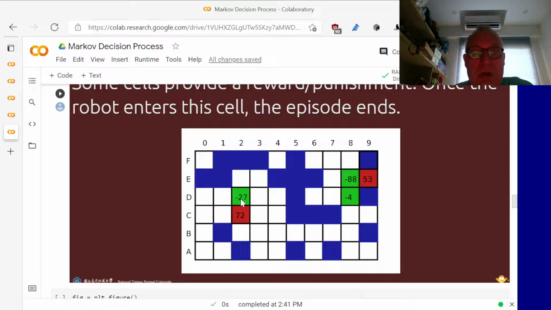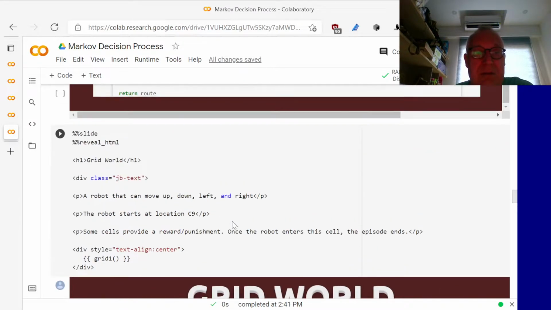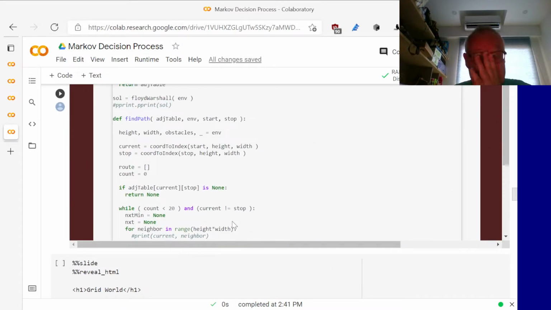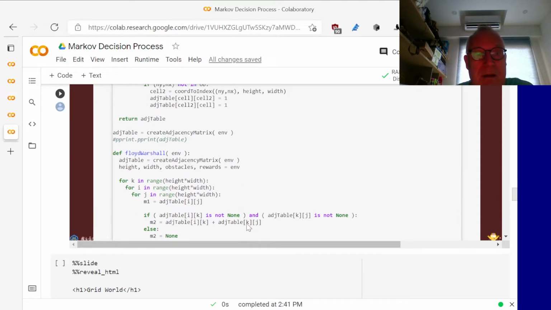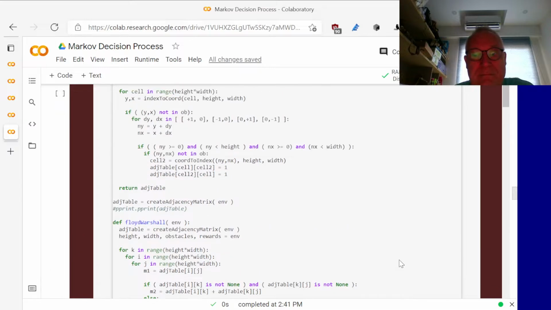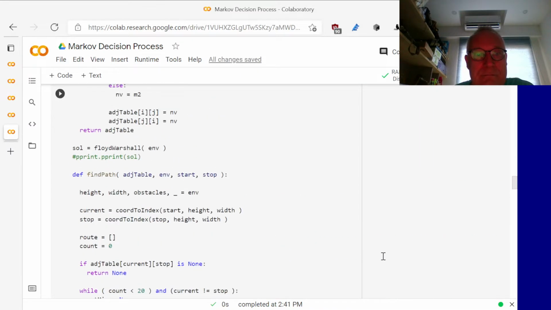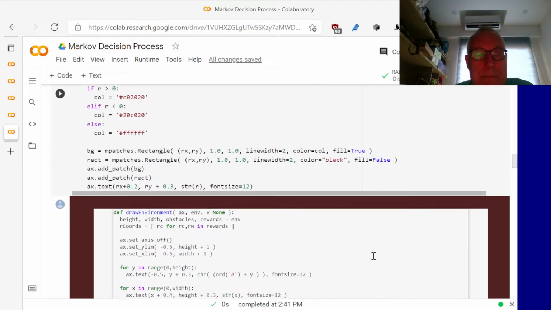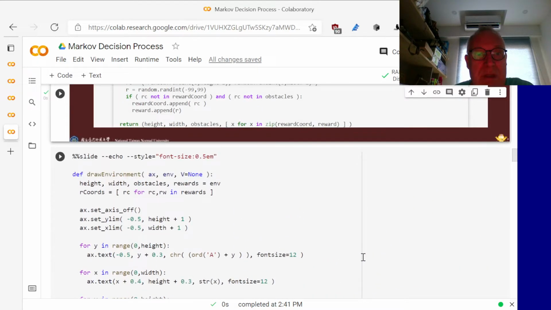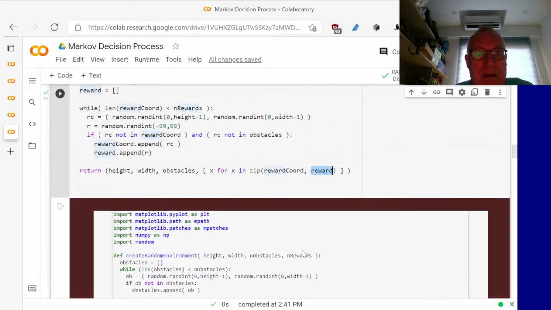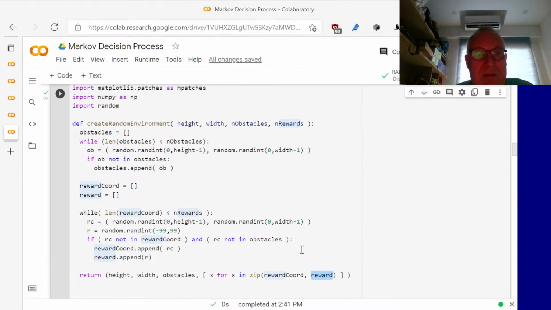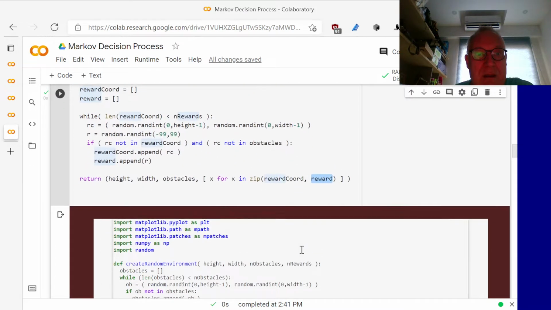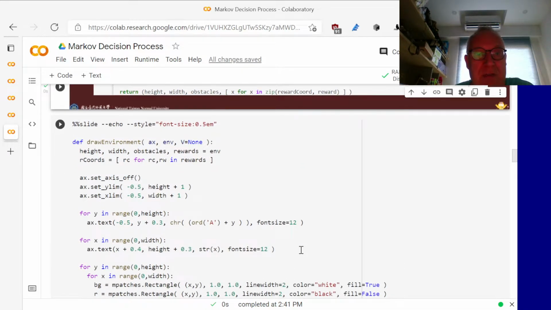So $72, $27. Virtual dollars, like you don't really get dollars if you drive in there. But I think maybe this particular environment is a little bit too complex, so I'll make a simpler one in a second.